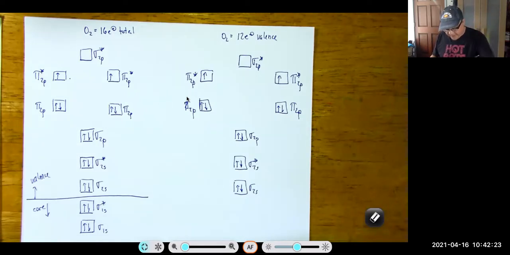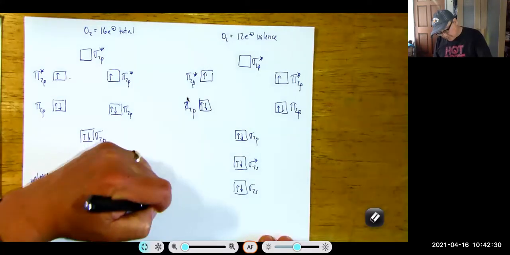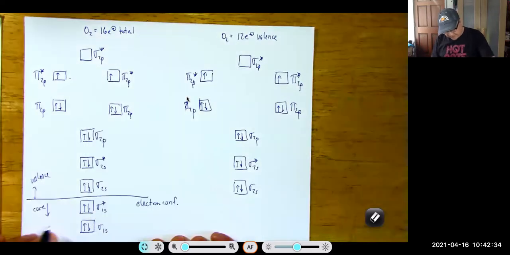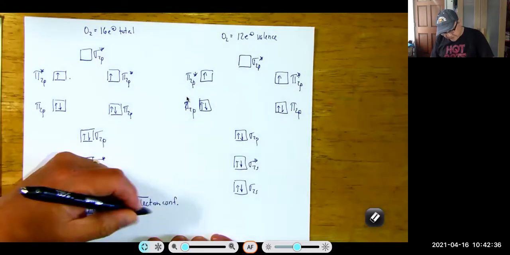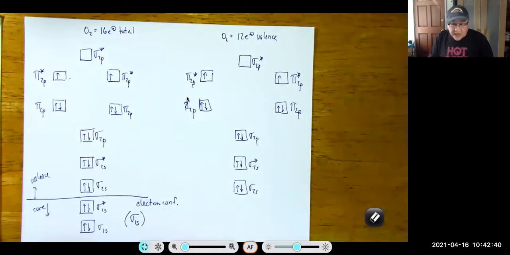Okay. Now, there's also the electron configuration. So looking at the total diagram, here's how it looks. There's the sigma 1s, and around every type of MO, you put parentheses. So you see that sigma 1s in parentheses?